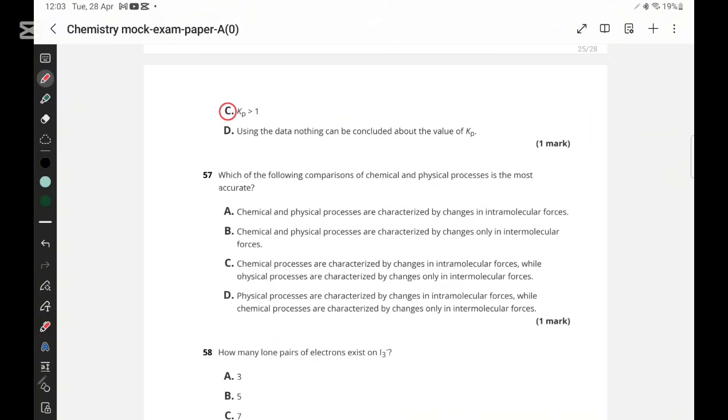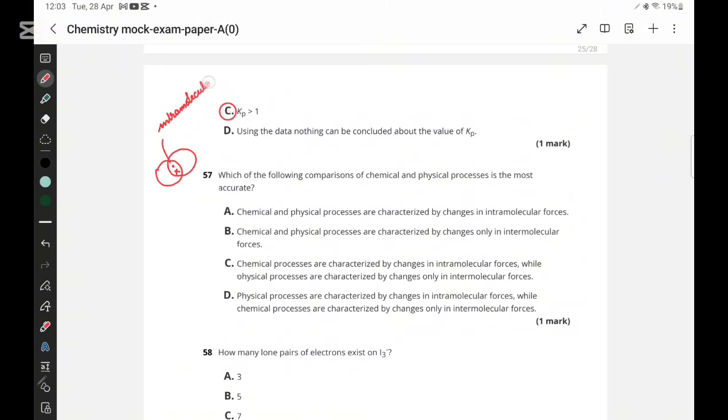So the next question, they are saying which of the following comparison of chemical and physical processes is the most accurate. So first of all, when atoms make bonds, this force of attraction that is present, like when they are sharing a pair of electrons, that is basically intramolecular force of attraction.